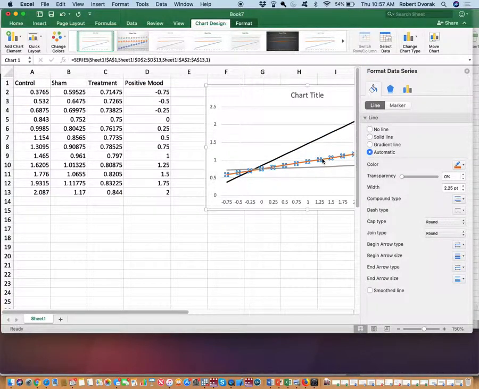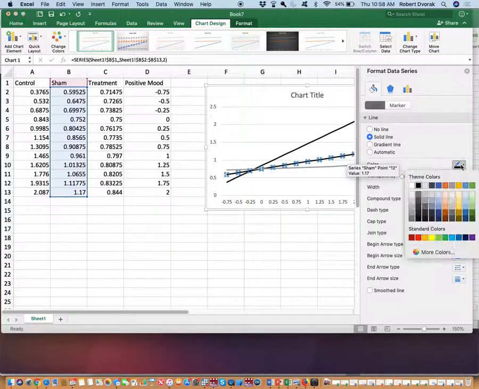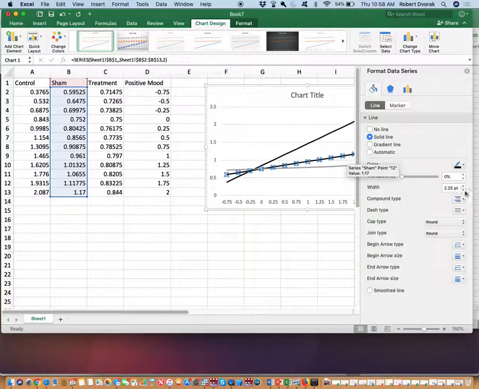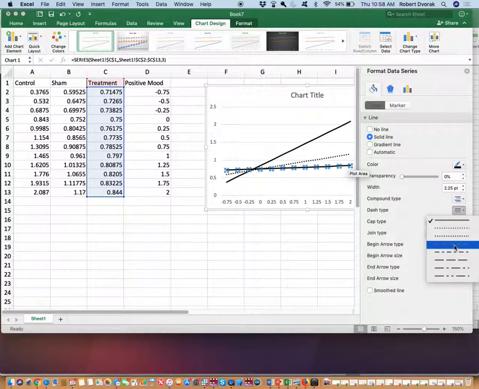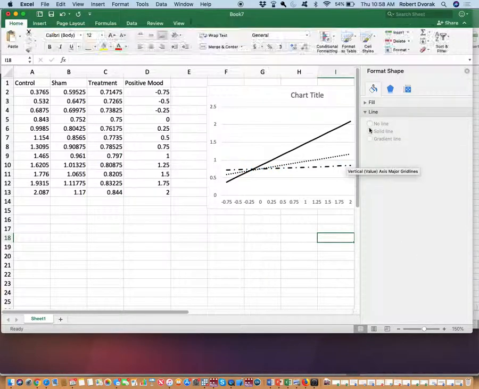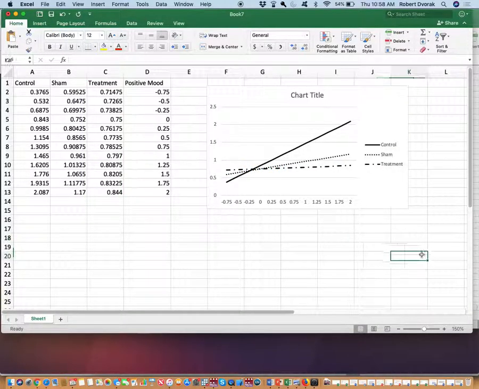Then for sham, I would do solid line black, and then I would do some sort of a dash like this. And for treatment, I would do solid line, again black, and then I might do some sort of dash like this. And so that would be an APA style graph.